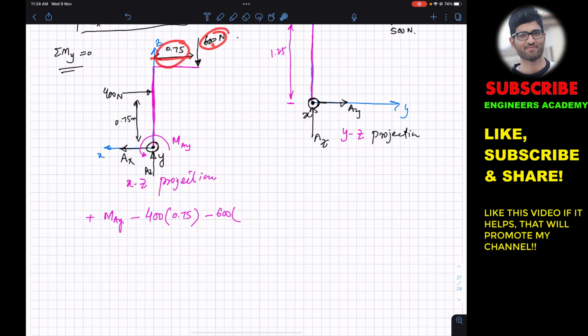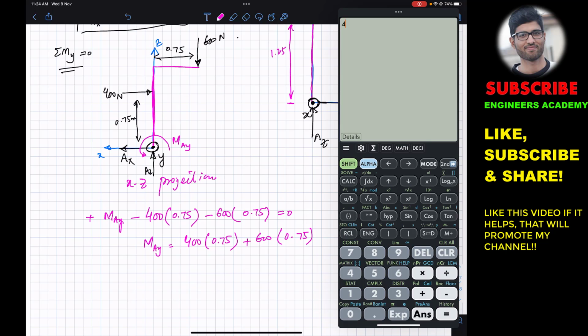This is the perpendicular distance of this 600 Newton force from the y-axis. So we will multiply this with 0.75. This is equal to 0, and we can say that MAY is equal to 400 into 0.75 plus 600 into 0.75. This gives me 750. So MAY is equal to plus 750 Newton meter.